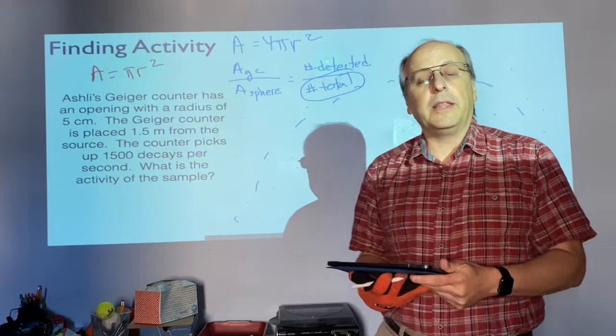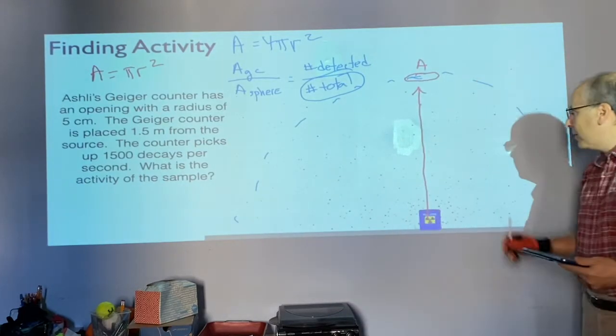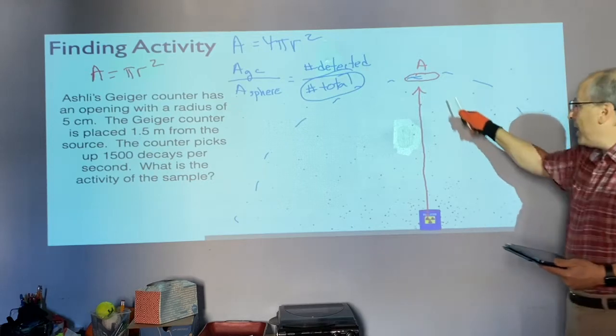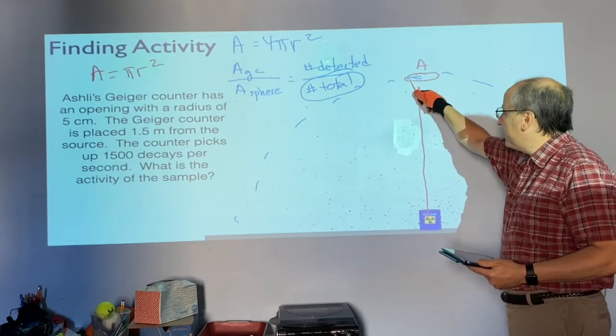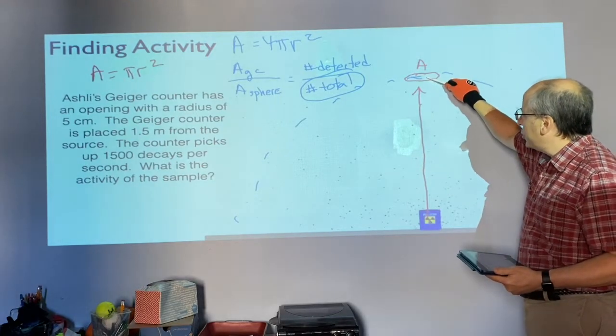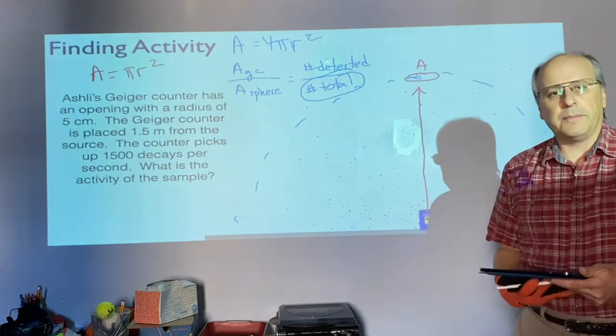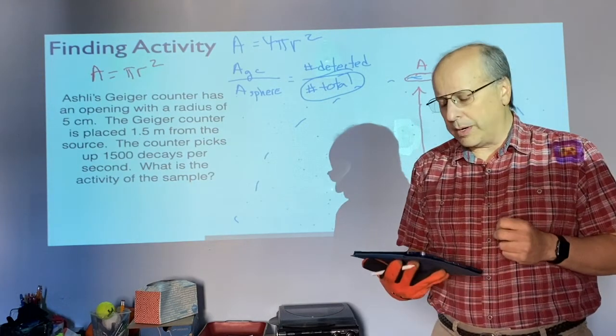You want to find the number total. How many total particles shot out of this little barrel? You figure out how many were picked up by your Geiger counter, and you set up a ratio. What percent of that giant sphere that they could have shot out in was I actually picking up particles for?